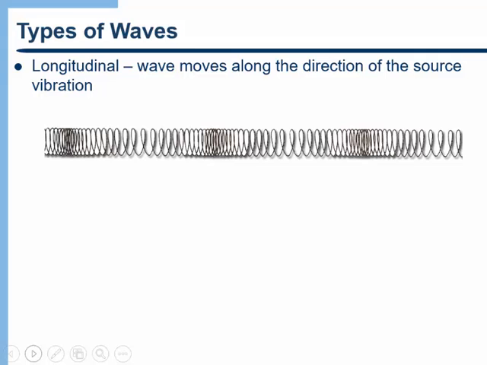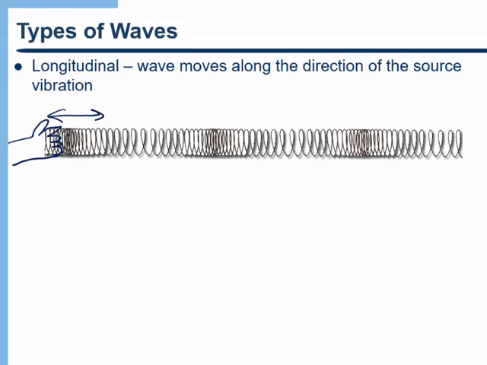The other type of wave that we have are longitudinal waves. And in this case, the wave moves along the direction of the source vibration. So again, imagine we've stretched a big slinky across the floor, and this time I take my hand, and instead of moving it back and forth, I move it forward and backward.